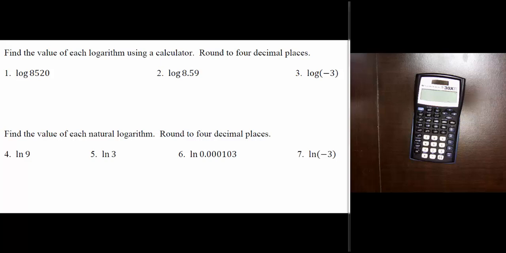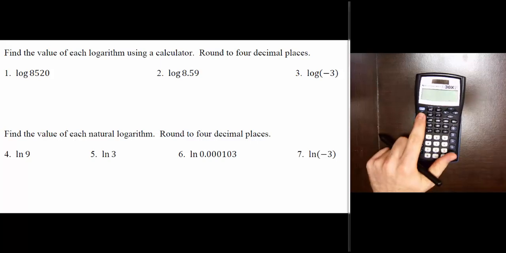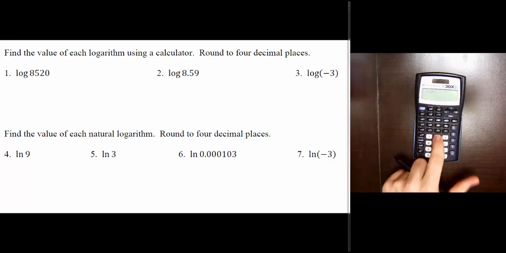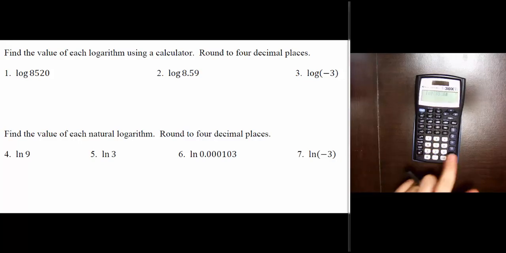And now for a little bit more calculator work. It says to find the value of each logarithm using a calculator and round to 4 decimal places. So thankfully I have a logarithm key right here under the second option, and I'm just going to type in 8520. So 3.9304.